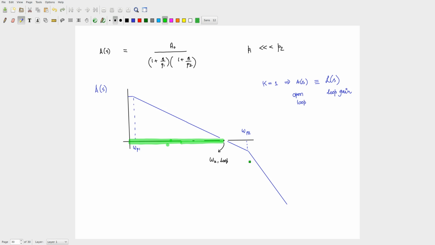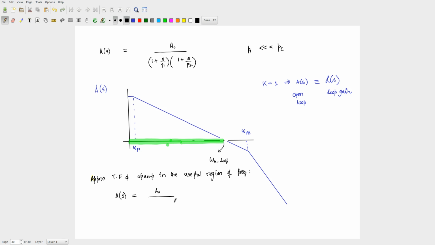So, can you now approximate your op amp in this region? Approximate transfer function of op amp in the useful region of frequency.